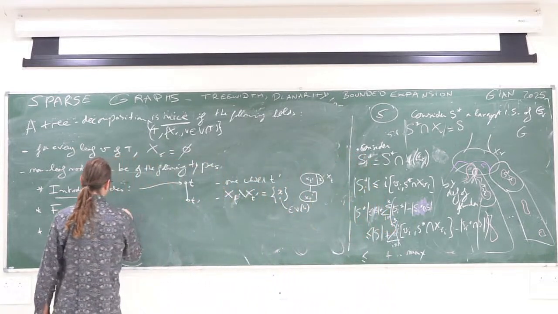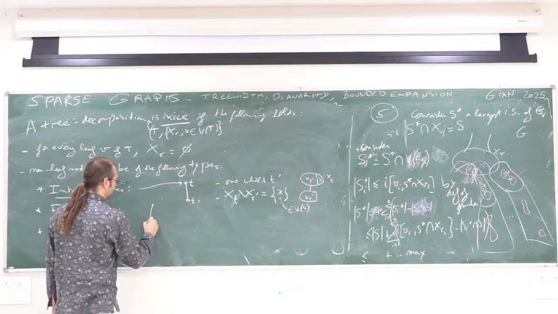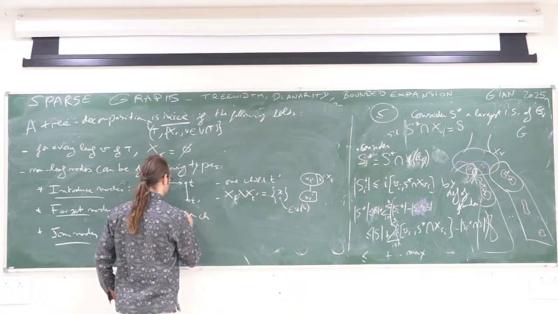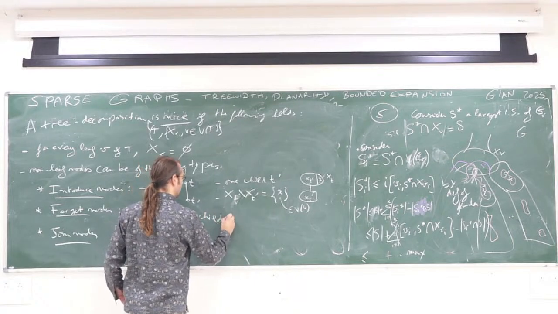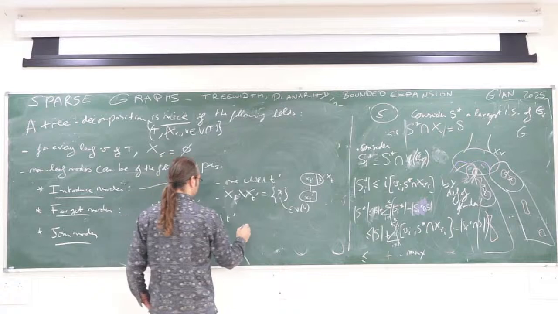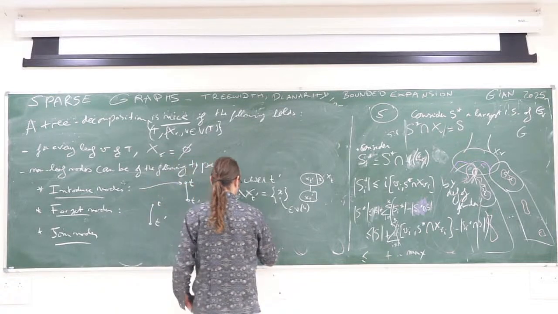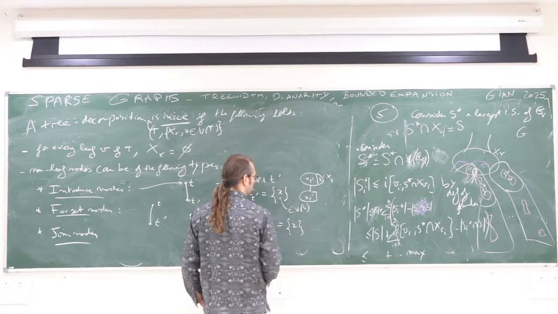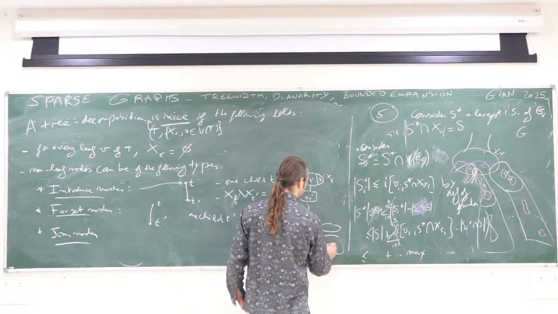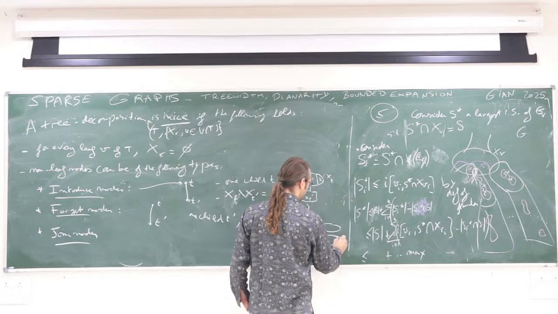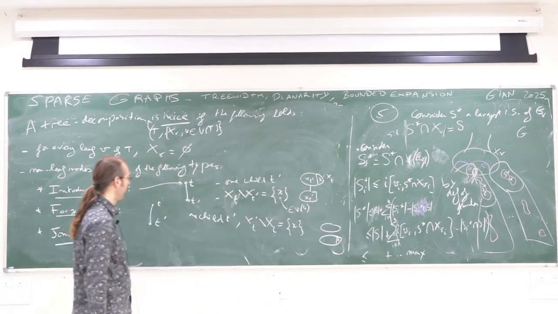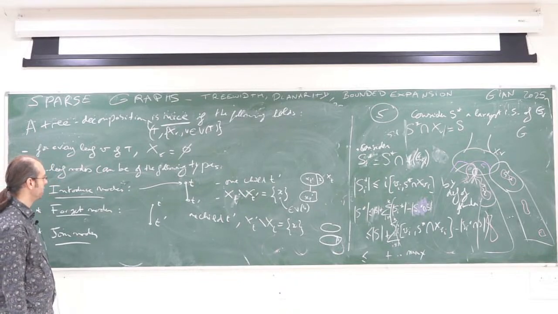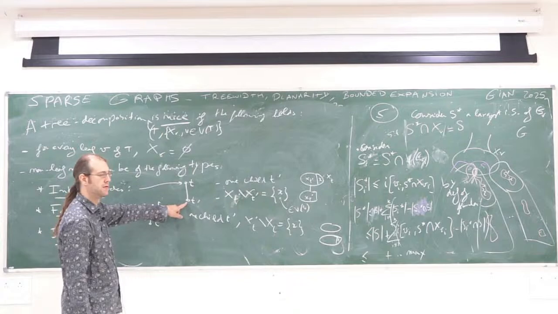Forget node is exactly the reverse. Actually, xt prime minus x, right? Xt prime is smaller.